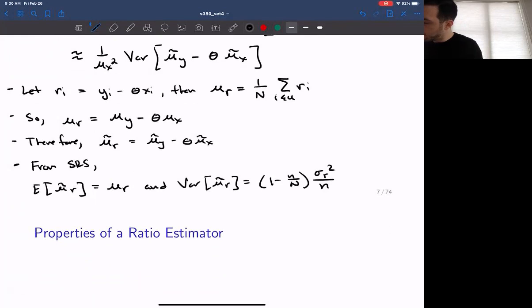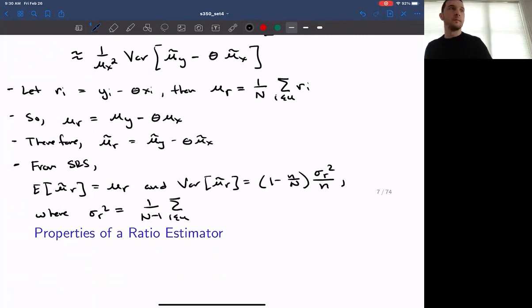This sigma r squared term here is going to be written as sigma r squared equal to 1 over capital N minus 1 times the sum of i in U of the ri minus mu r, squared.